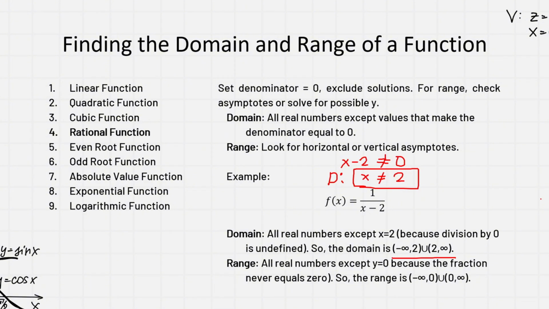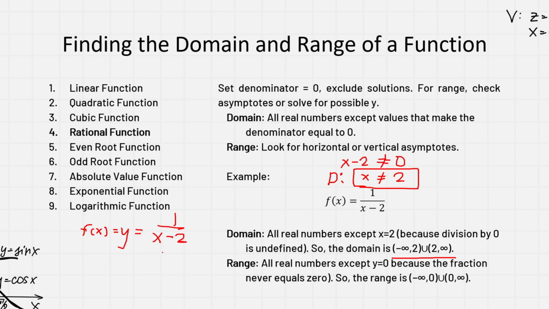To do that, we just need to set f of x equal to y, and then we have y equals 1 over x minus 2 here, and then solve for x in terms of y. Our equation is expressed in terms of y, so we just need to express it in terms of x.